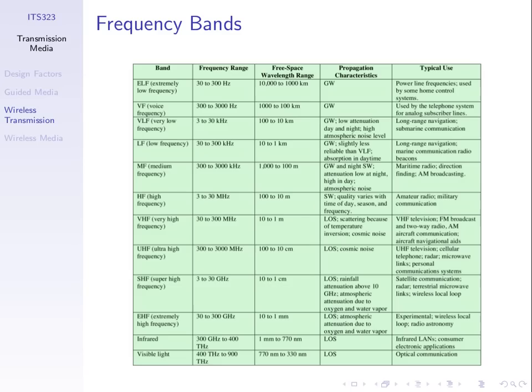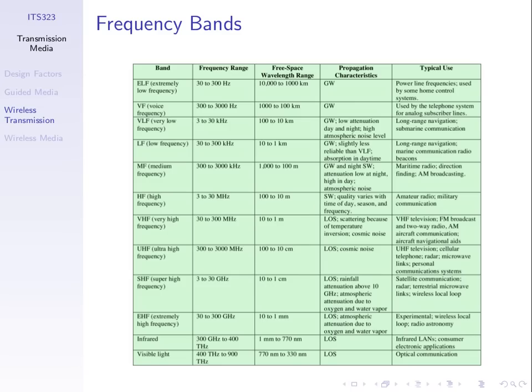Because wireless LAN uses a different frequency range. It's in the order of 2.4 gigahertz, which falls in here, ultra high frequency. Again, uses line of sight propagation, but the characteristics of those lower frequencies is such that the signal will go through the wall.